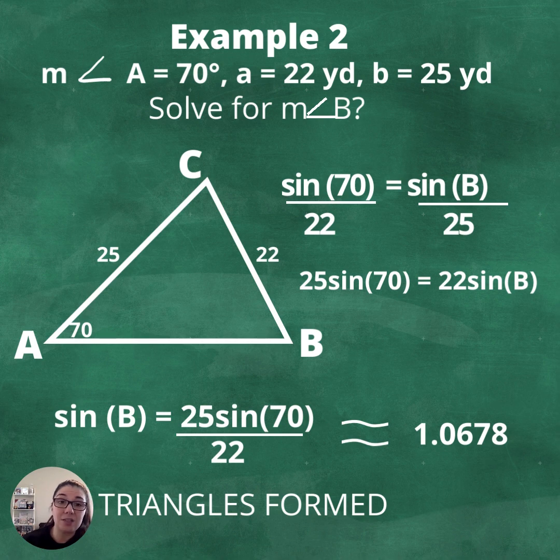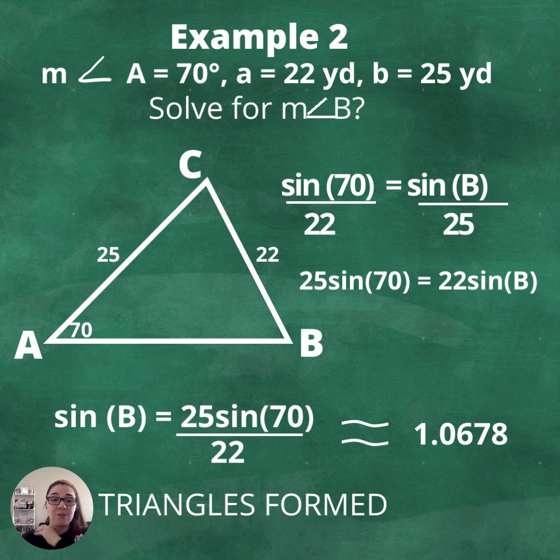So I do the sine of 70 over 22 equals the sine of b over 25. I do my cross products. 25 times sine of 70 equals 22 times the sine of b. And I solve for the sine of b by isolating it, dividing by 22. So I have the sine of b is equal to 25 sine of 70 over 22, and that will give me approximately 1.0678.